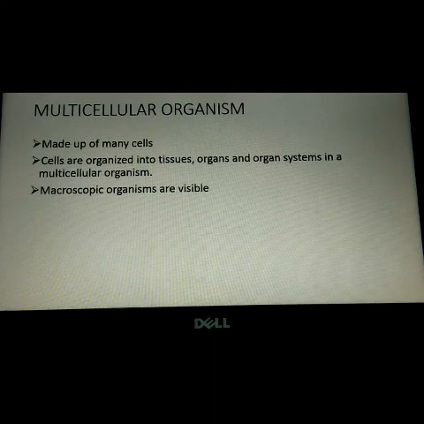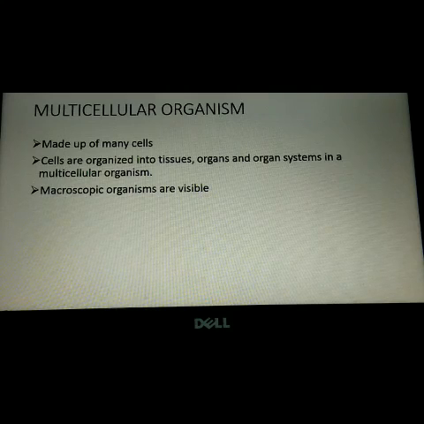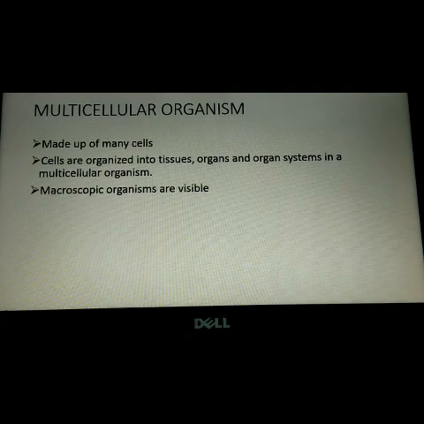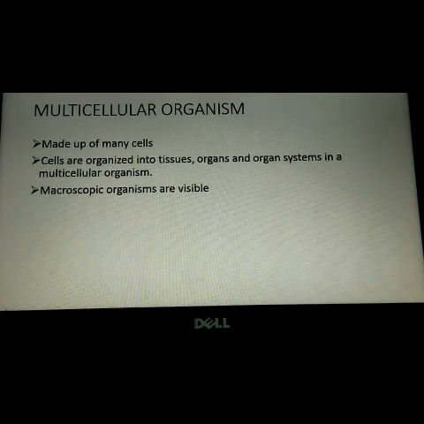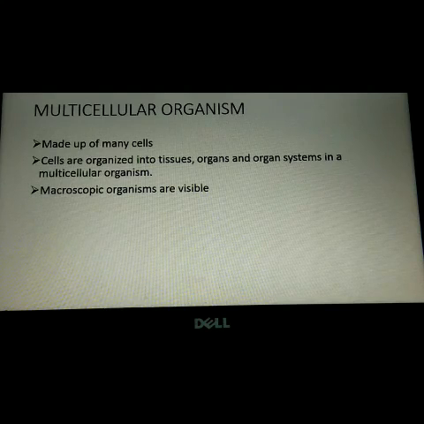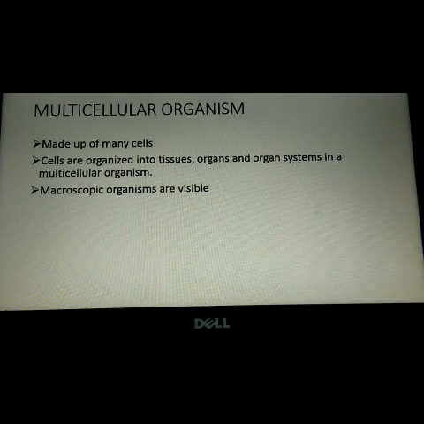You can see cells of onion and human through a microscope, right? Onion and man are the examples for multicellular organism. In case of multicellular organisms, they are composed of many cells, and these cells are organized into tissues, organs and organ systems, and they are the macroscopic organisms.